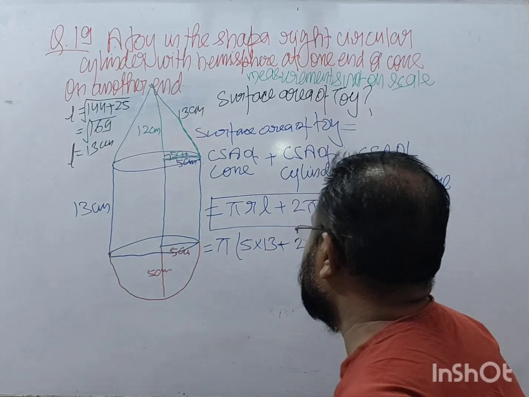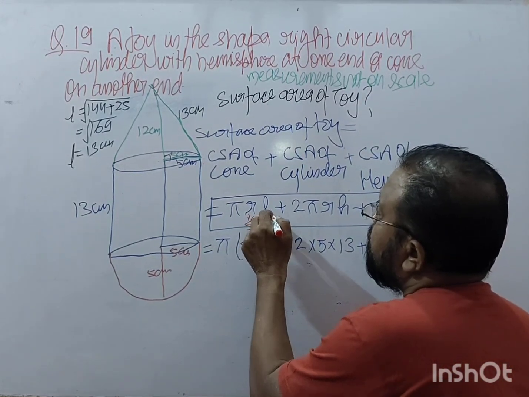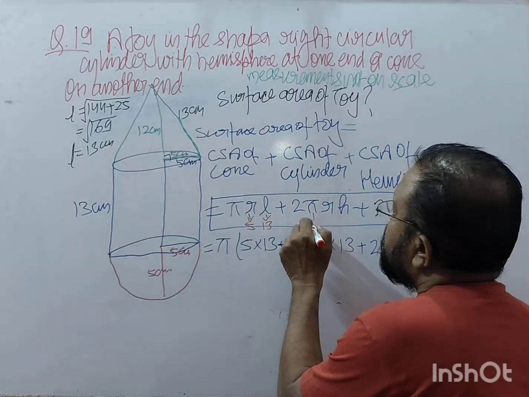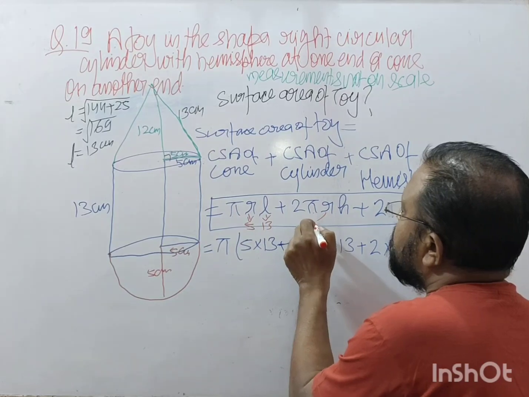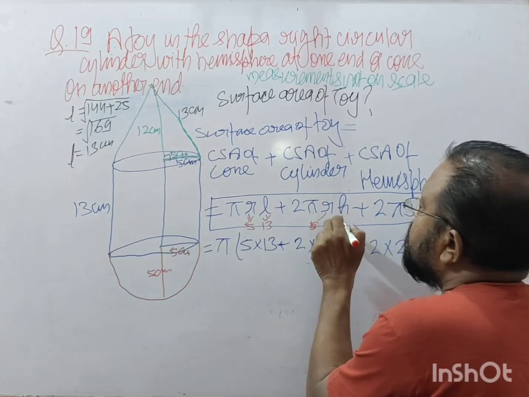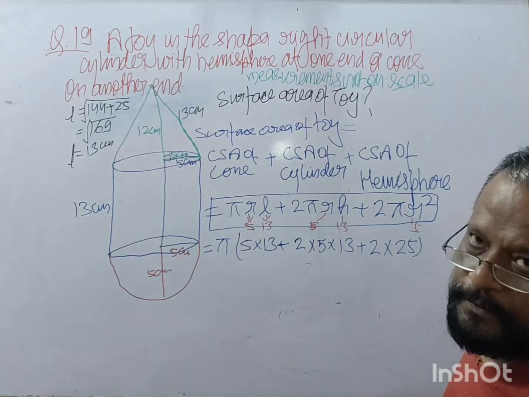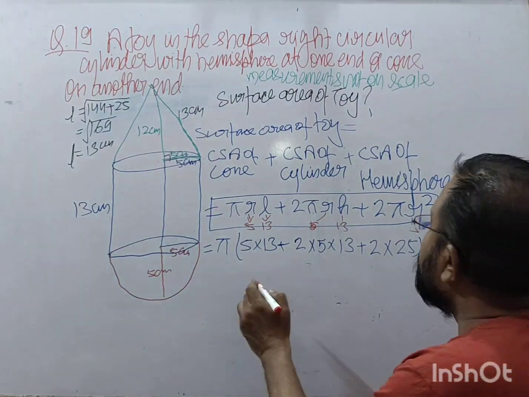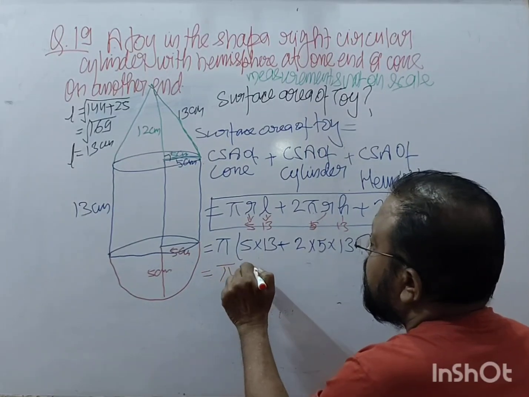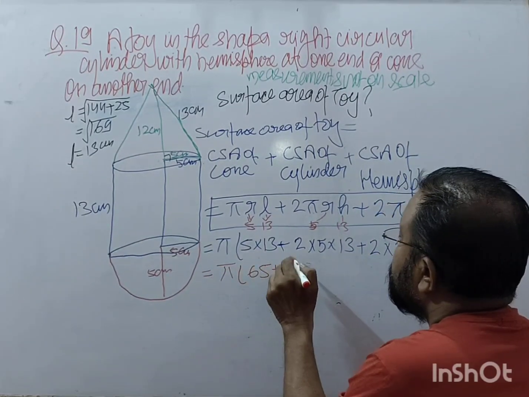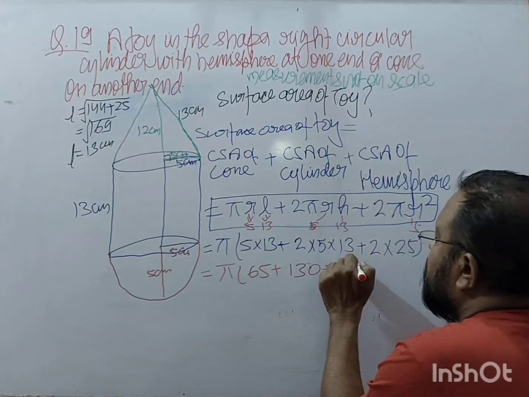You know, this is of 5, this is of 13, this is of 5, right? So you get this much. So how much is it? Pi bracket 65 plus 130 plus 50, right?